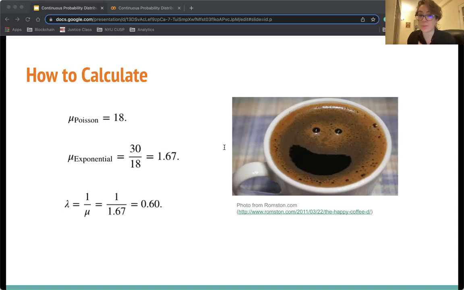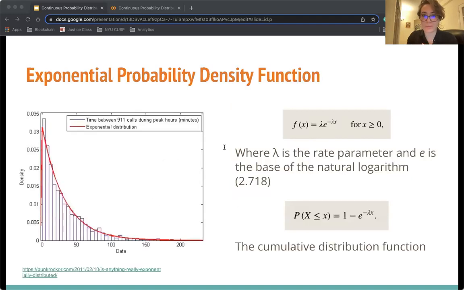Next, we'll talk about the probability density function for the exponential distribution. So let's talk about this example where a random variable x follows the exponential distribution if its probability density function is lambda e, which is that Euler's number that we looked at a bit last class.